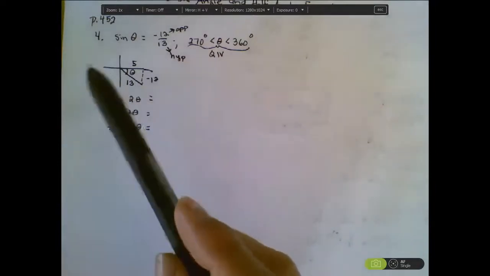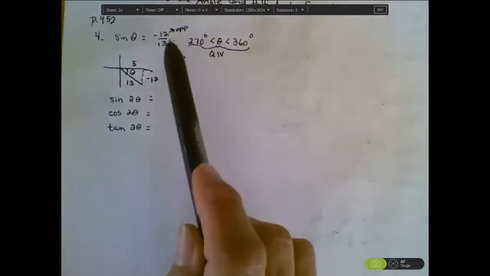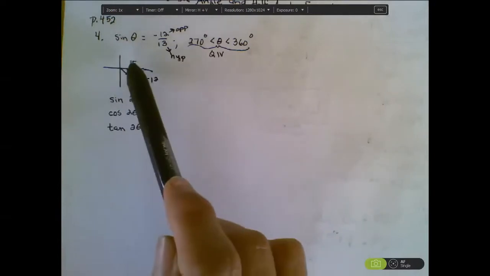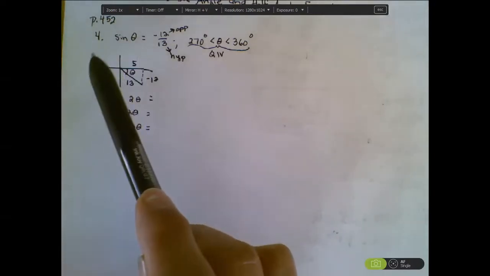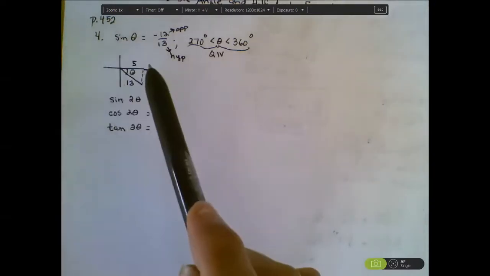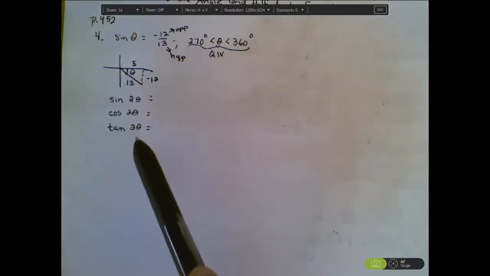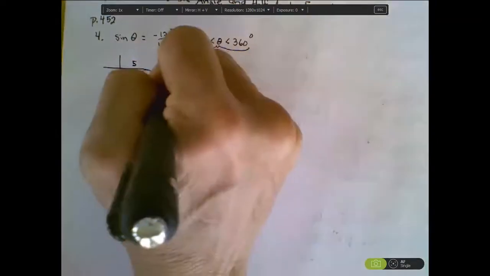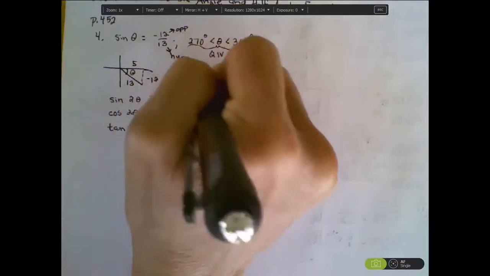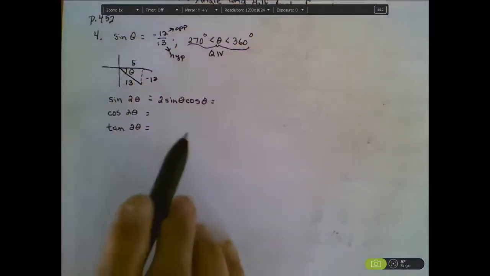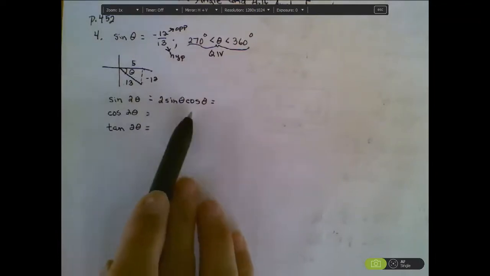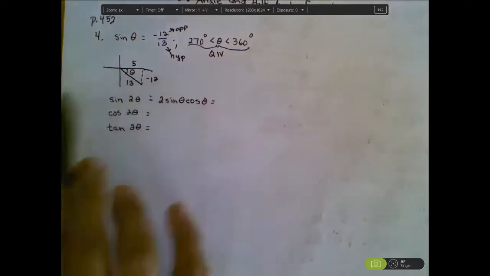I could get a decimal approximation of theta with my inverse sine button on the calculator, but we're trying to stick with exact values, and I don't have to know the exact value of theta to find these trigonometric functions of 2 theta. Sine of 2 theta is 2 sine theta cosine theta, and I can extract the values of sine theta and cosine theta straight off of that triangle.